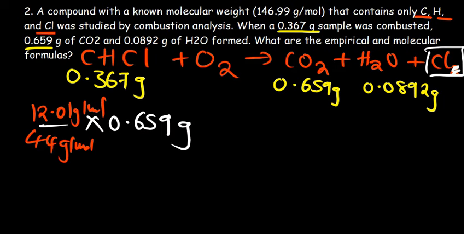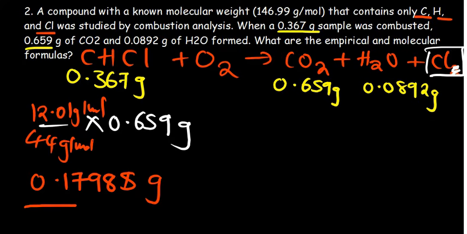So 12.01 divided by 44 multiplied by 0.659. I'm getting a value of 0.17988. So we have 5 significant figures. So what is our mass of carbon in the carbon dioxide, which is the same as the mass of the carbon in the compound.